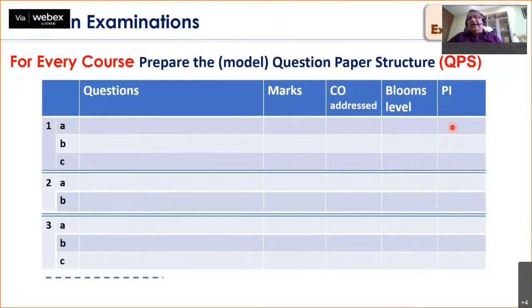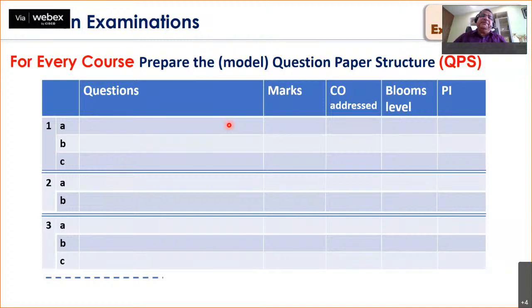So if a student has practiced solving a problem at Bloom's taxonomy level 3 of CO1 for a particular 10 marks or whatever marks addressing a certain PI code, only the problem will change, but its complexity will remain the same. Therefore, you will not have any difficulty in solving it.